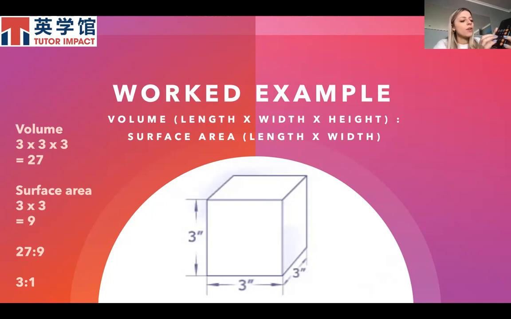So we did 27 divided by 9, which is 3, and obviously 9 divided by 9 is 1. So this gave us the ratio of 3 to 1 for this cube. So the ratio for this cube is 3 to 1. So if you didn't get an answer, I hope that now makes sense. But if you did, very well done.